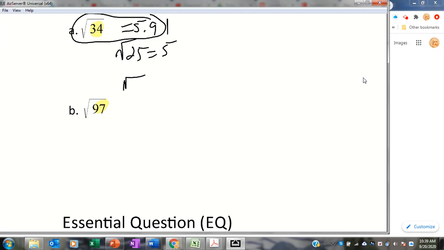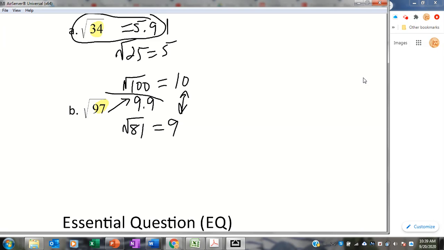Now we know the square root of 100 is 10, and we know the square root of 81 is 9. 97 is a little closer to 100 than it is to 81, and you see it has to fall in between 9 and 10. So I'm going to go with 9.9, because 9.9 falls in between 9 and 10. So the square root of 97 is 9.9. That's how you estimate a square root.